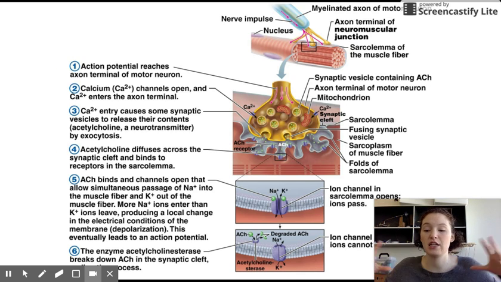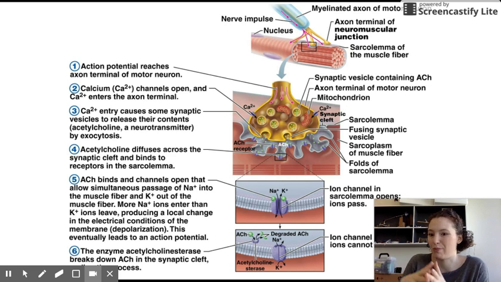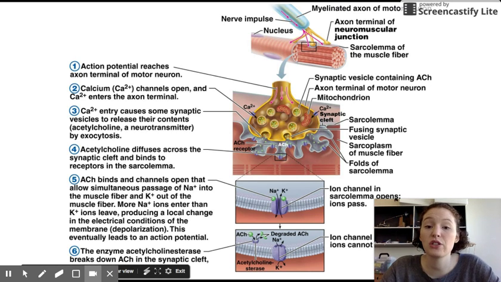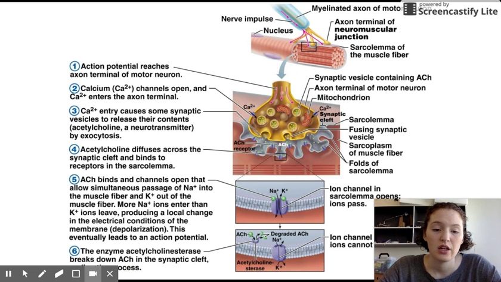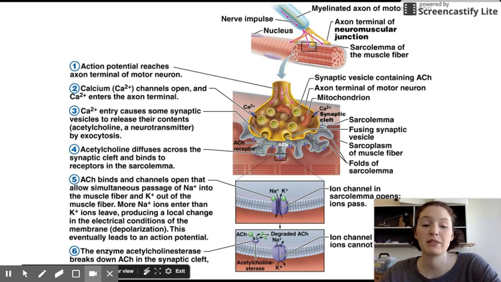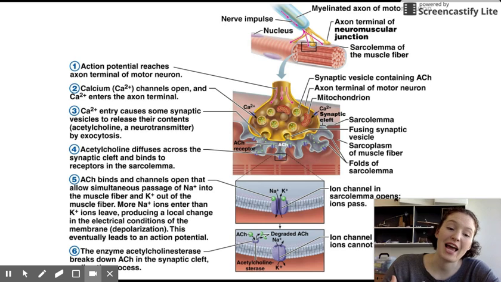So we have this initial burst, and then it decreases. We're not stimulating our muscle perpetually, we've stimulated it once, and then that stimulation is over. In order to return to resting potential after all of this has happened, we have more diffusion of potassium, and we operate a sodium potassium pump that uses active transport.